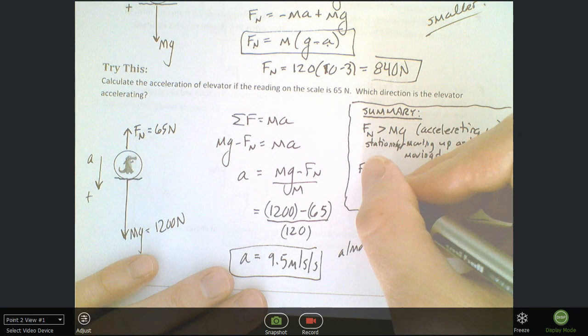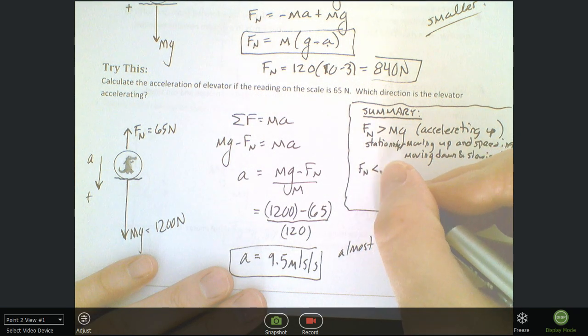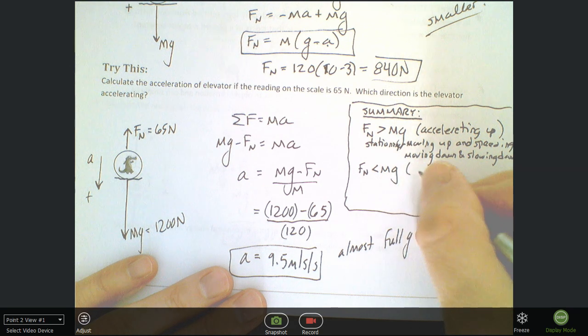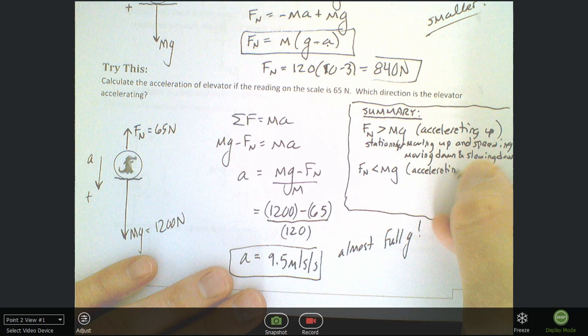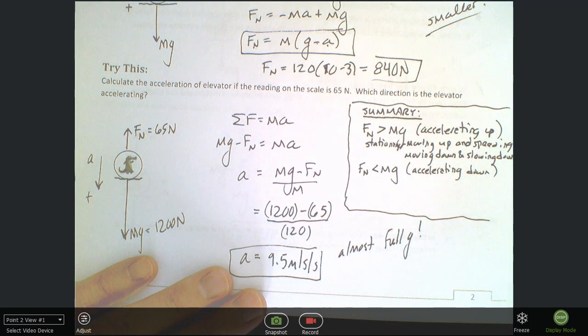If Fn is less than mg, you are accelerating down. You may have to write this on a separate sheet of paper. I kind of really ran out of space here. You're accelerating down.